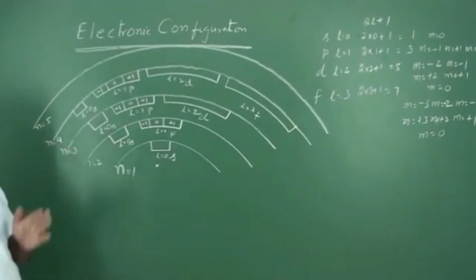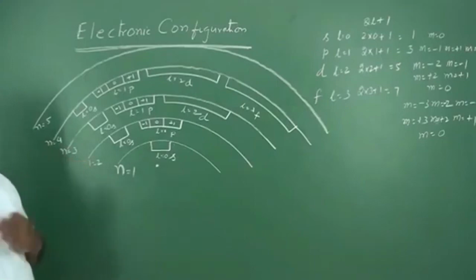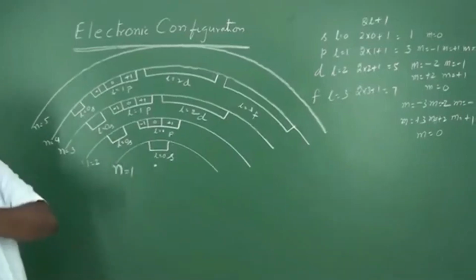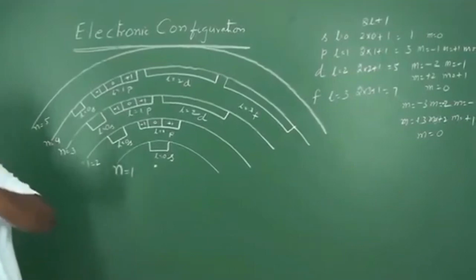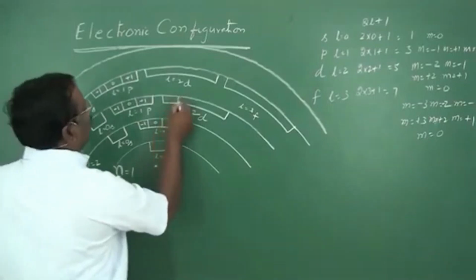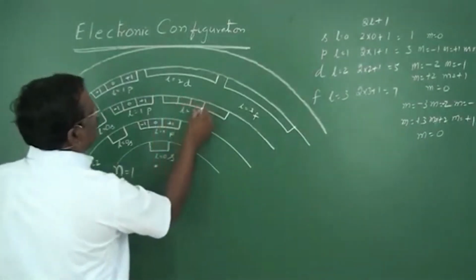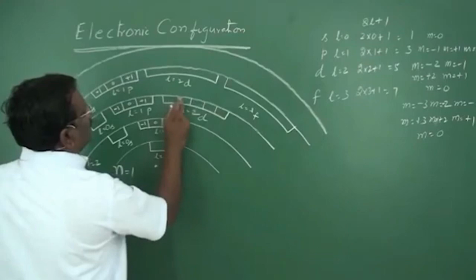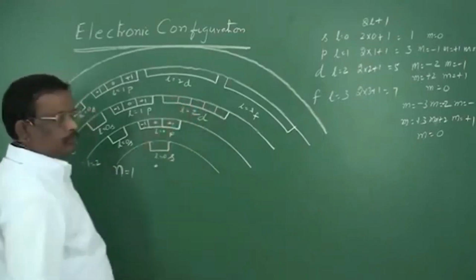Now, if you take D sub-energy level, its L value is 2. So the maximum number of orbitals that can be present in that sub-energy level is equal to 2L plus 1, that is 2 into 2 plus 1, that is 5. So in D sub-energy level, we have 5 orbitals: 1, 2, 3, 4, 5.